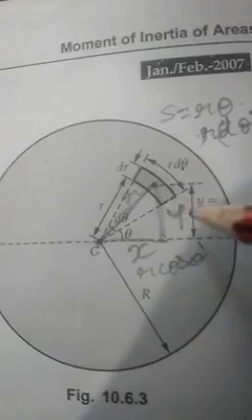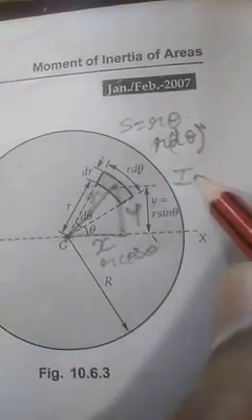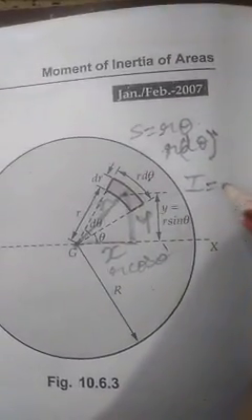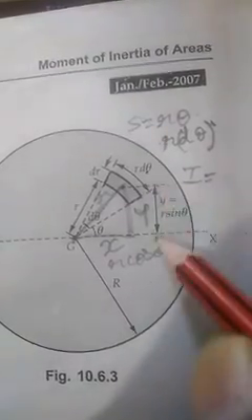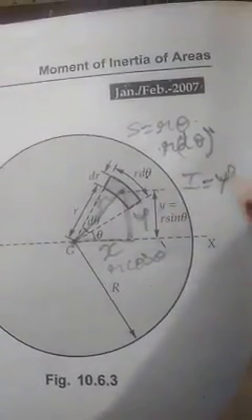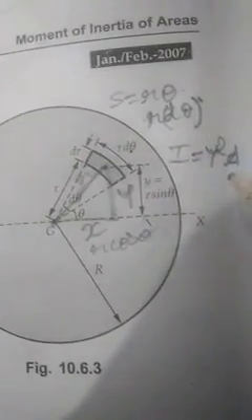Why we need the y distance is, we know that the moment of inertia I is equal to the square of the distance, y square, into area. This is the moment of inertia which we are determining.